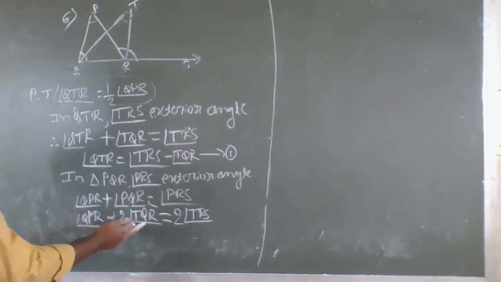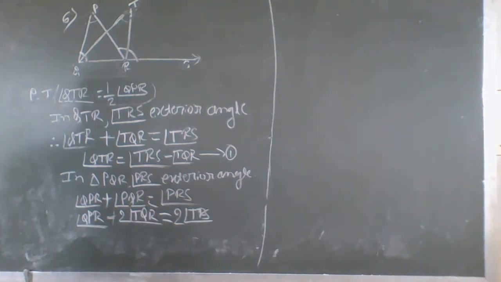Okay. So now what I can do? I will move this 2TQR to the other side because I have to prove angle QTR.